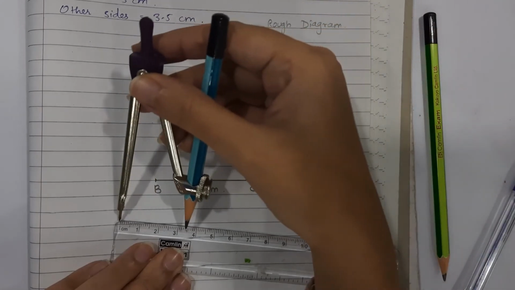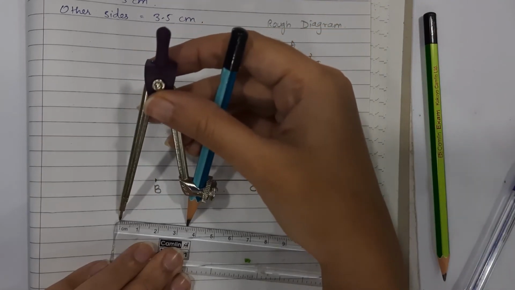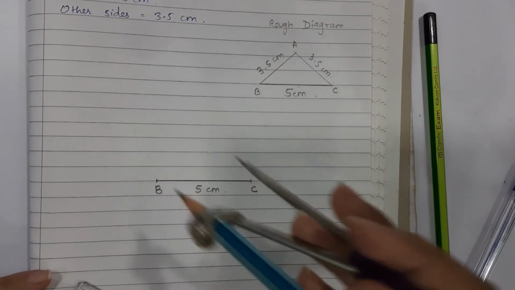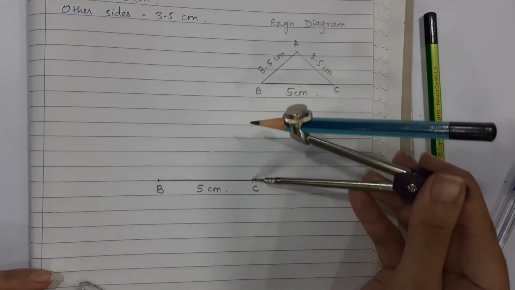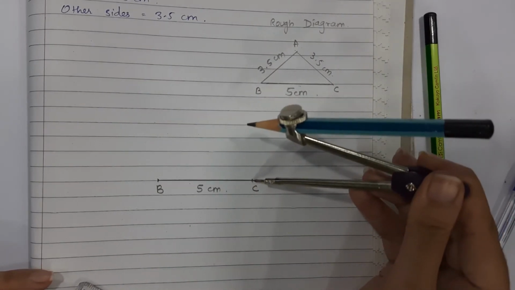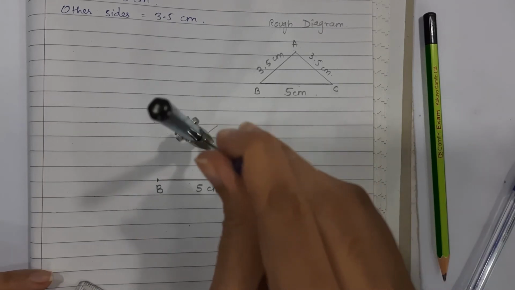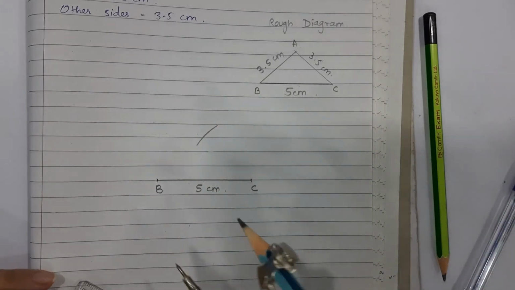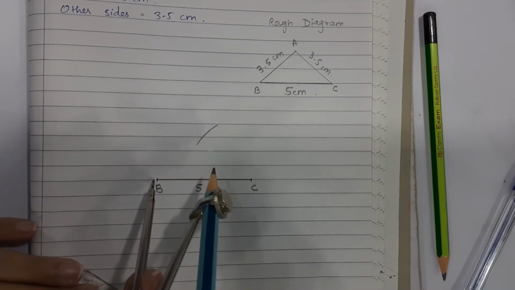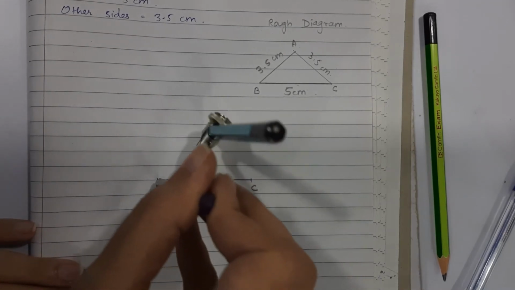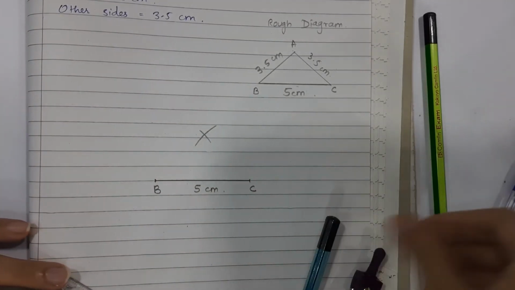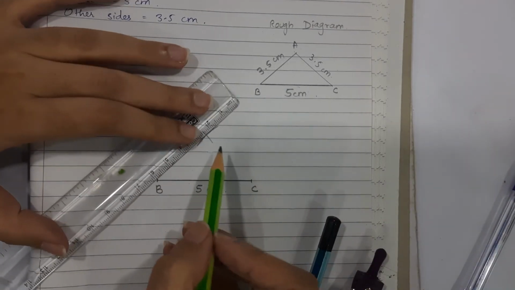Place the pointed tip on any of the endpoints of this line segment. See, I have placed it on point C. Make an arc. Now the same measure, we are going to place it on point B and make an arc. Why did I do so? Because it is an isosceles triangle, both the sides measure the same.